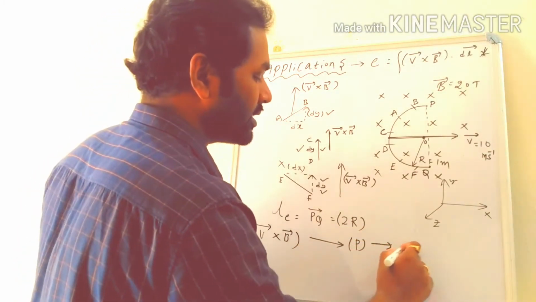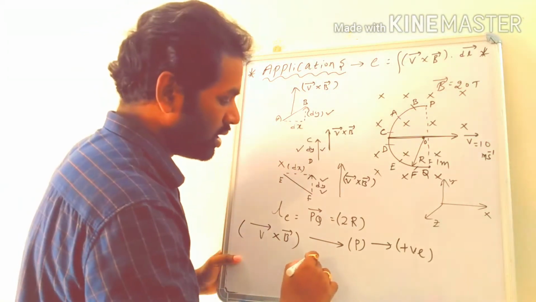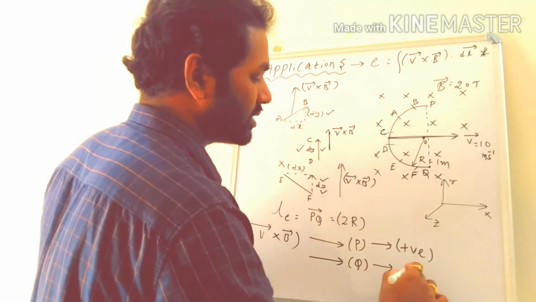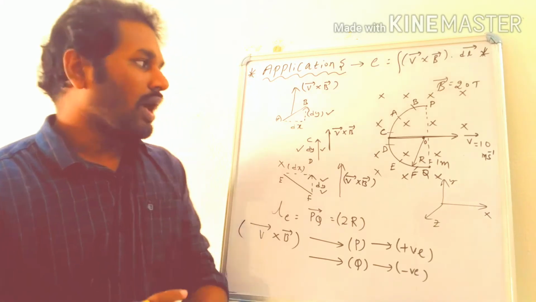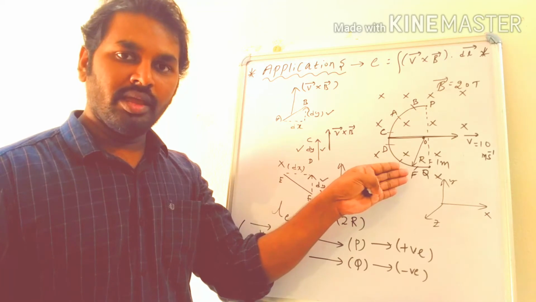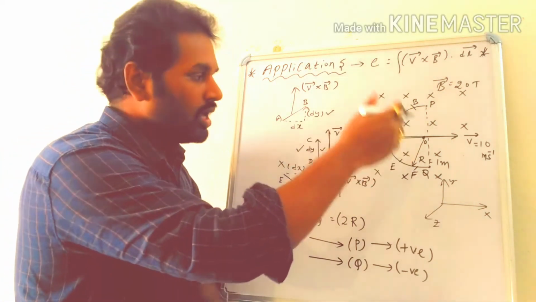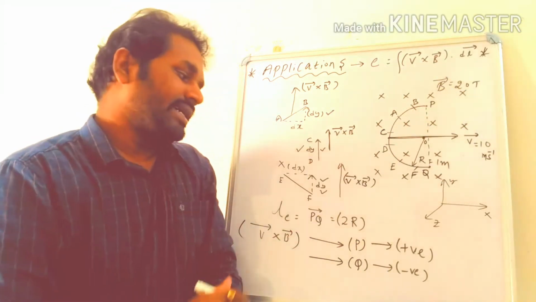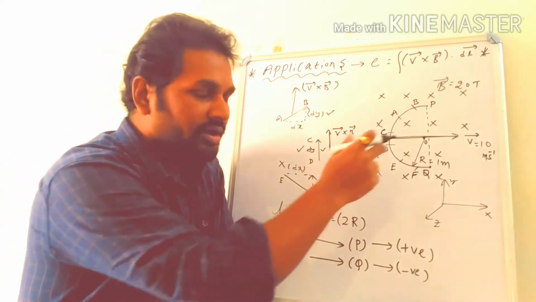At point P, you will get the positive charge, higher potential. Therefore, at the other point, Q, you will get the negative, lower potential. So as this rod is moving along the positive x-axis and the magnetic field is into the board along the negative z-axis, you will get the positive polarity at the top end and negative polarity at the bottom end.